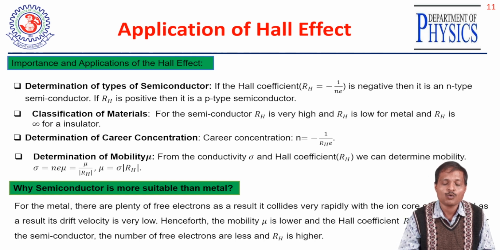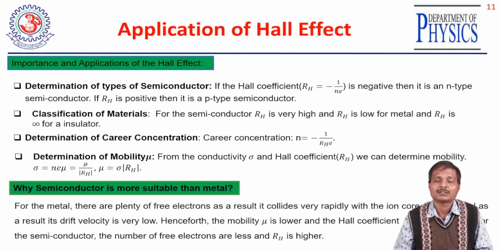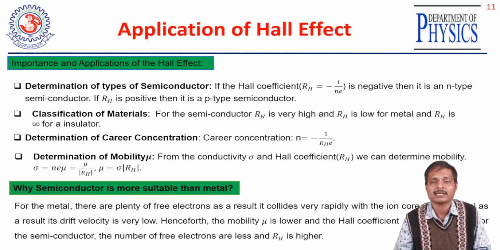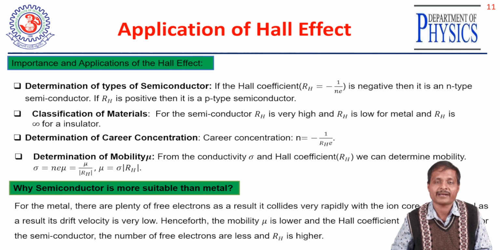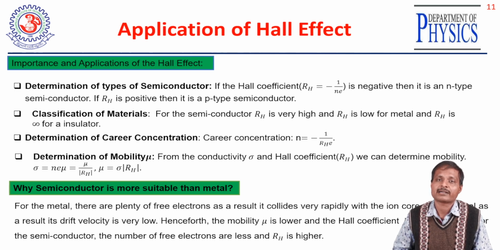Here the Hall coefficient RH is proportional to mu. As the mobility is lower, definitely the Hall coefficient is lower for a metal. That's why we don't use metal to experimentally study the Hall effect. We use only the semiconductor, where the number of free electrons is less.